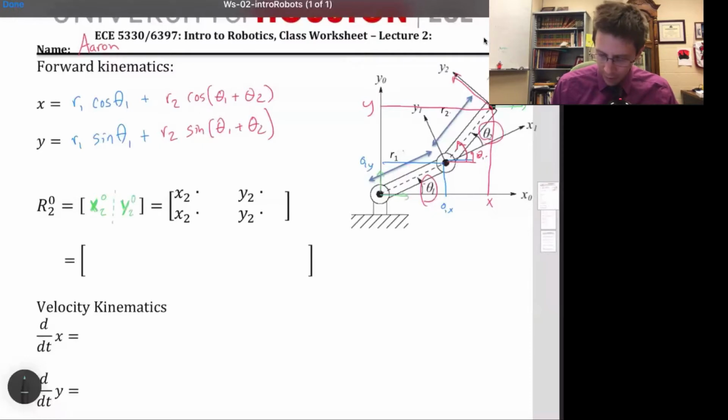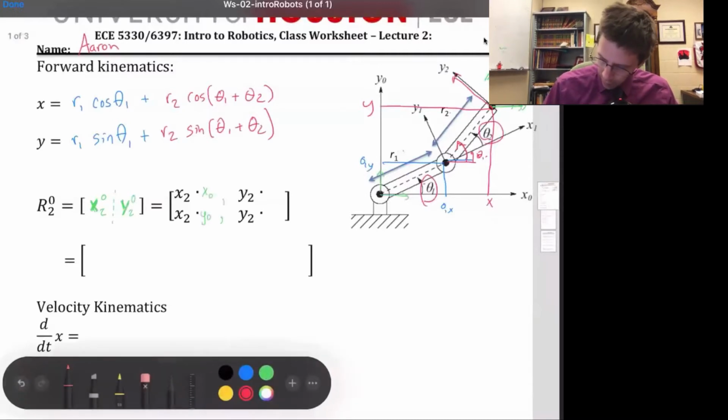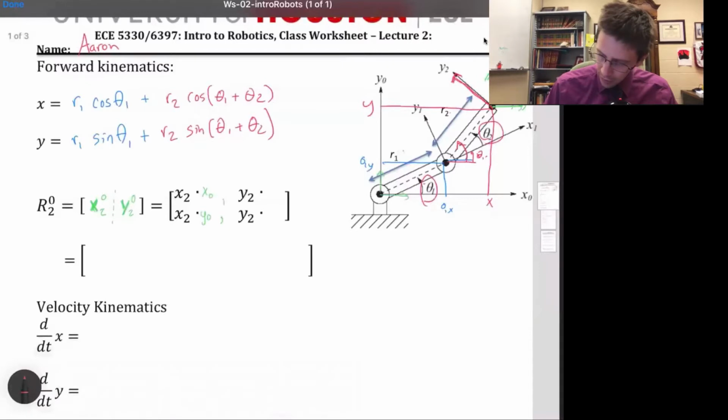And so we do that. We take x2, this line x2, and we project it onto both x0 and y0. So I'm going to project that onto x0, and I'm going to project that onto y0. And then we want to do the same thing with my y2: I want to project that onto the y and onto the x.